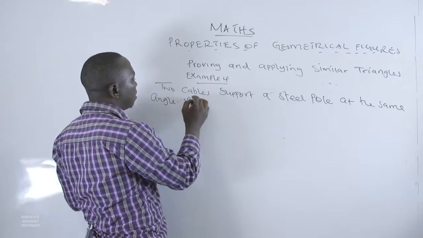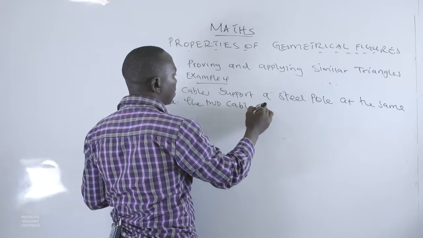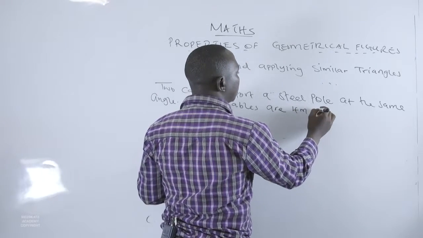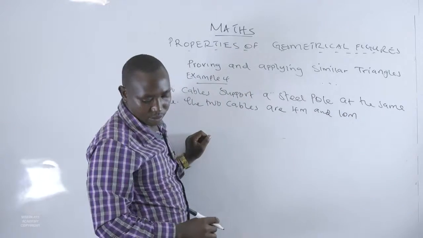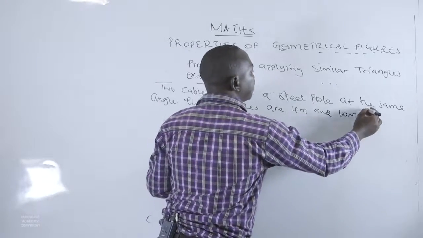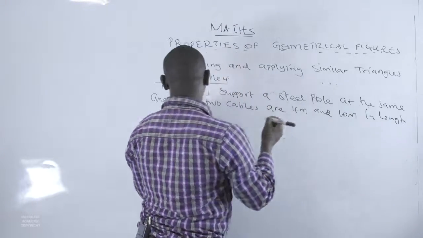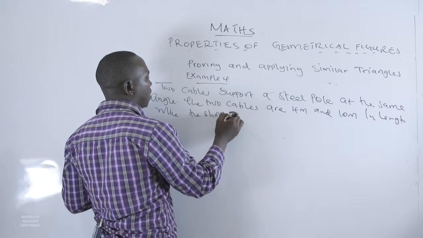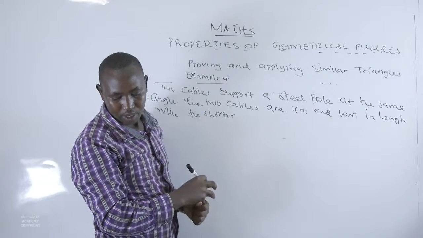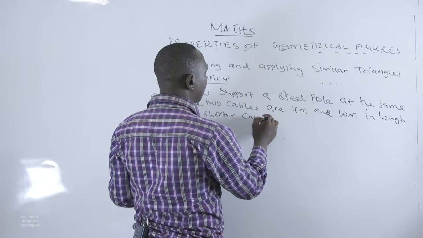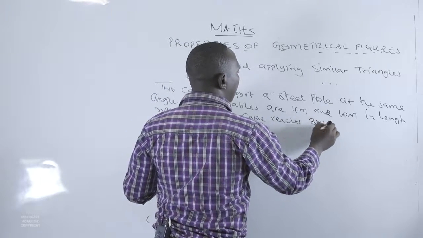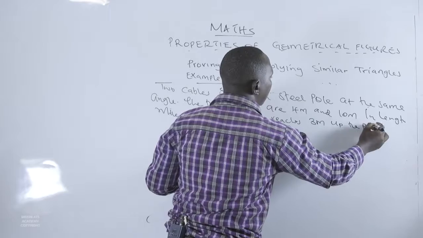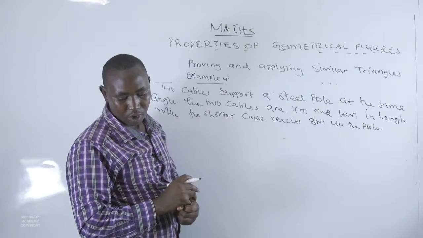The 2 cables are 4 meters and 10 meters in length, while the shorter cable reaches 3 meters up the pole. It only reaches 3 meters up the pole.